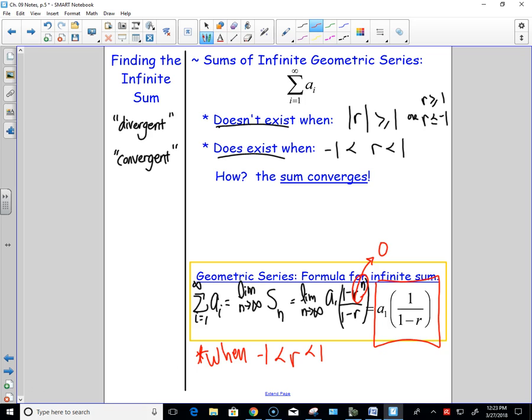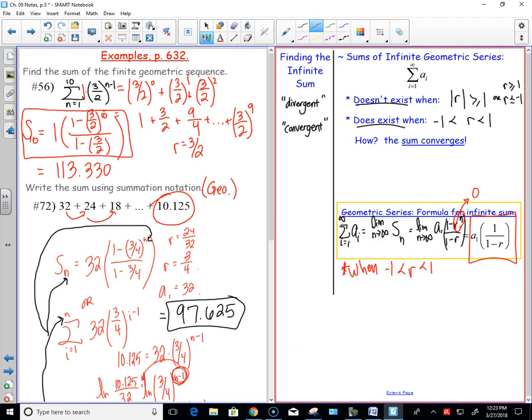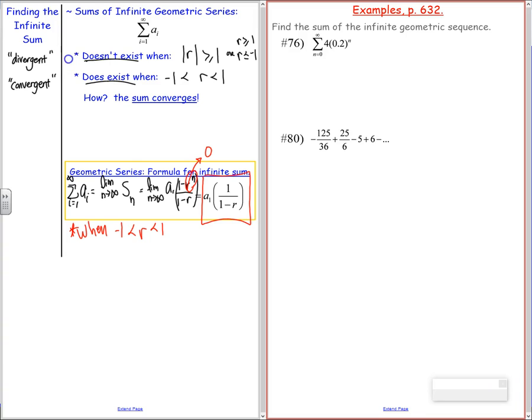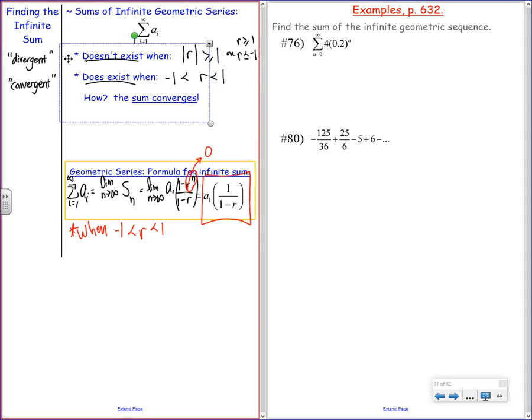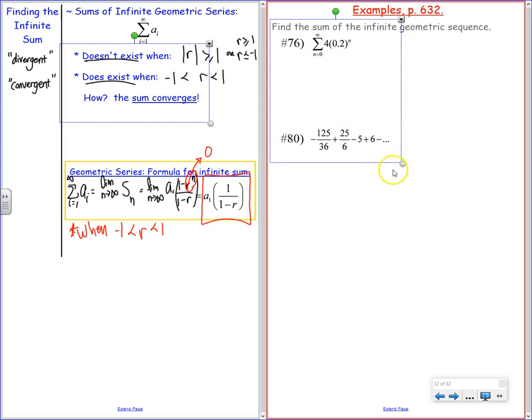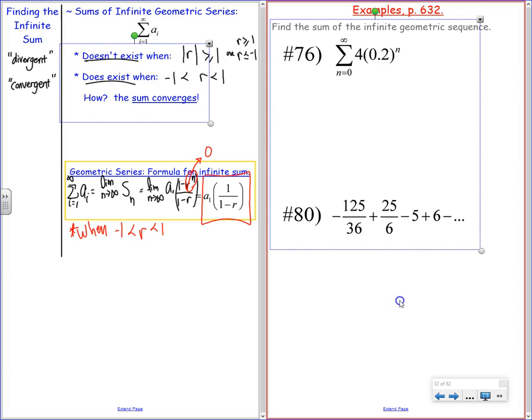And so when you see this example, and it says find the sum, not the partial sum, the entire sum, and the top bound is infinity, you can't plug in infinity, but you can look ahead and say, is this one of those stabilizing, convergent ones?